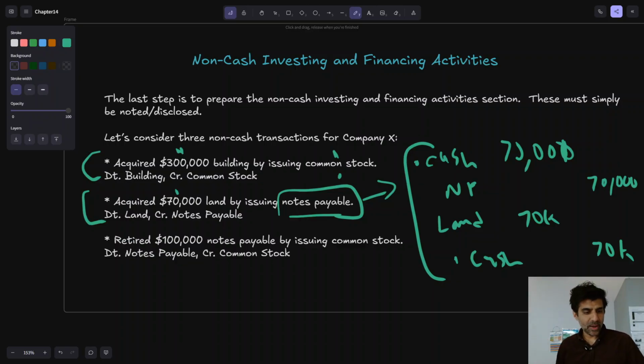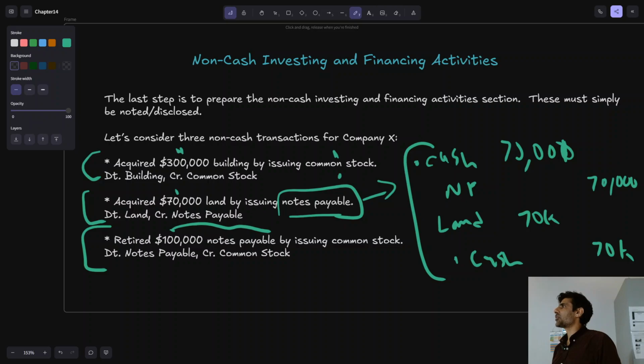Okay. And then this is one that could happen. This is kind of like a financing transaction where you're trading a liability, a shift from liability to equity. Okay, so these bondholders or this lender was like, okay, I think your company is awesome.